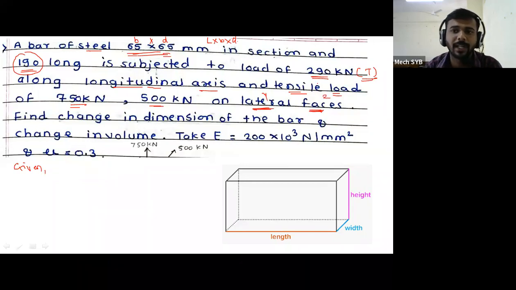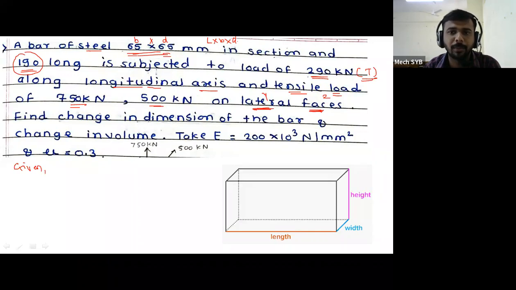So the 290 kilonewton will be considered as an x-axis force, and the remaining two, 750 and 500 kilonewton, are on the lateral faces, which we consider as y and z.